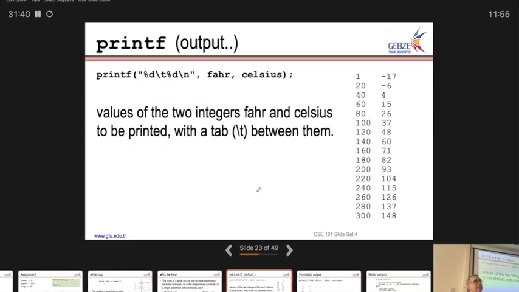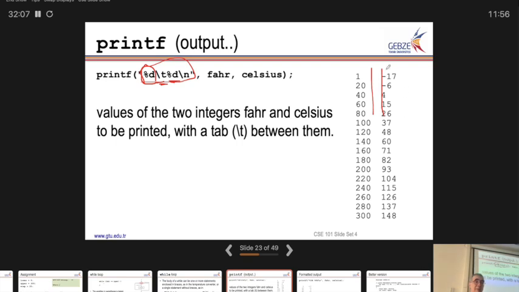In the print statements, there are garbage characters here. These are formatting. %d means decimal number. %t means tab. %d means decimal number, space, tab, and decimal number.